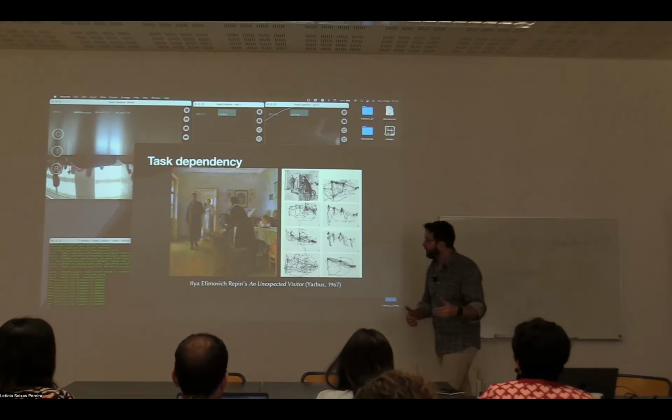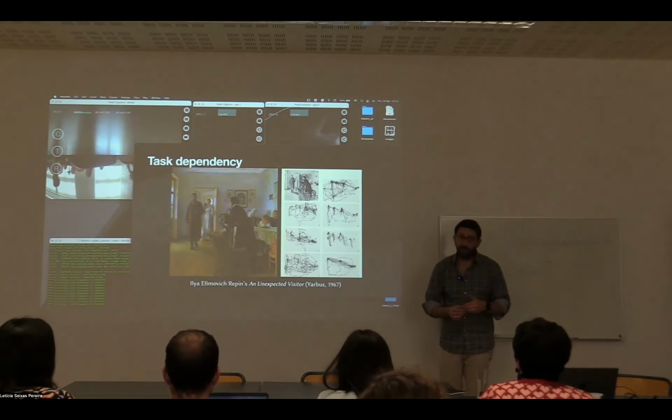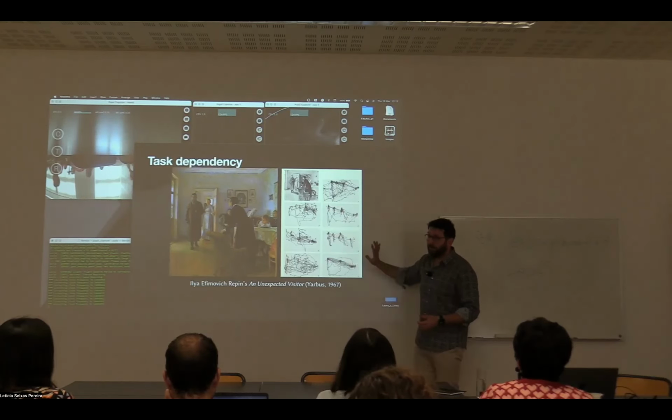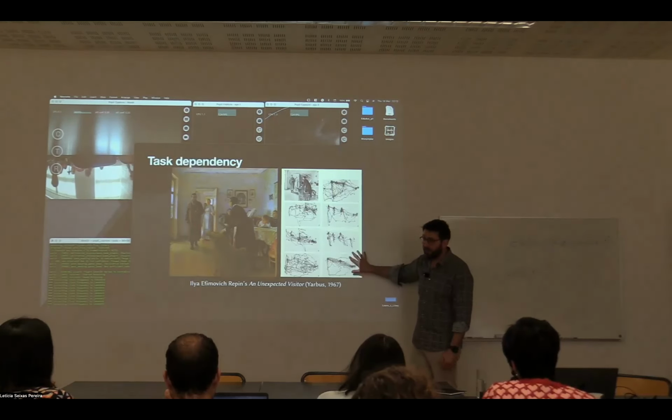How old are the characters presented in the picture? How long was the visitor absent? What's the relation between these people? How wealthy are they? And the eye movements were very different and represented very different instructions, different goals, right?